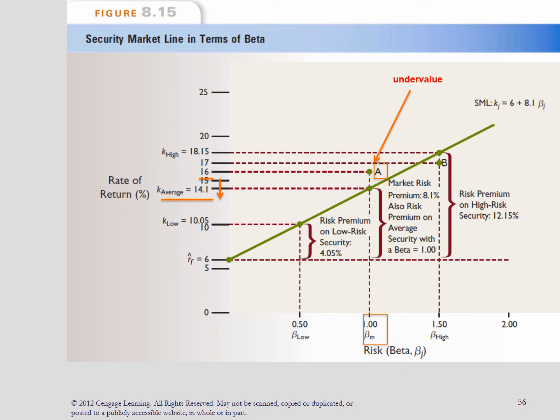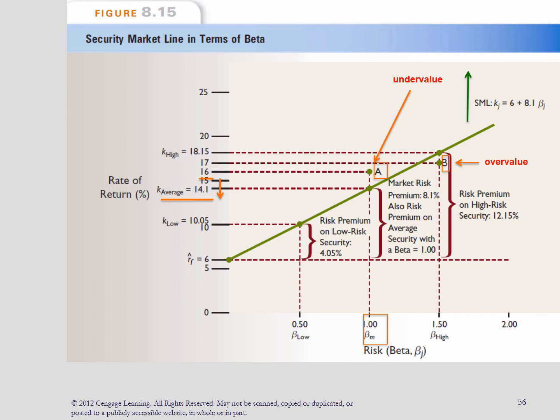The reason is that the price of a security is determined by the present value of future expected cash flows, and currently, a higher discount rate is used to determine the present value. You can apply the similar analysis to security B. In sum, if a security's return falls above the security market line, it means the security is currently undervalued and therefore represents an attractive investment.